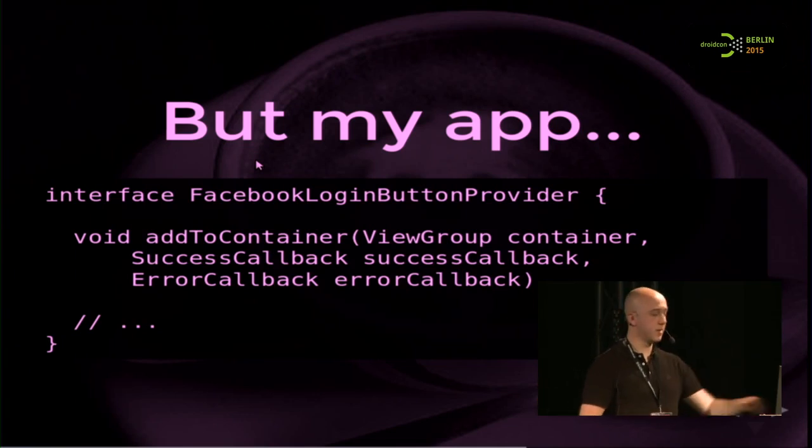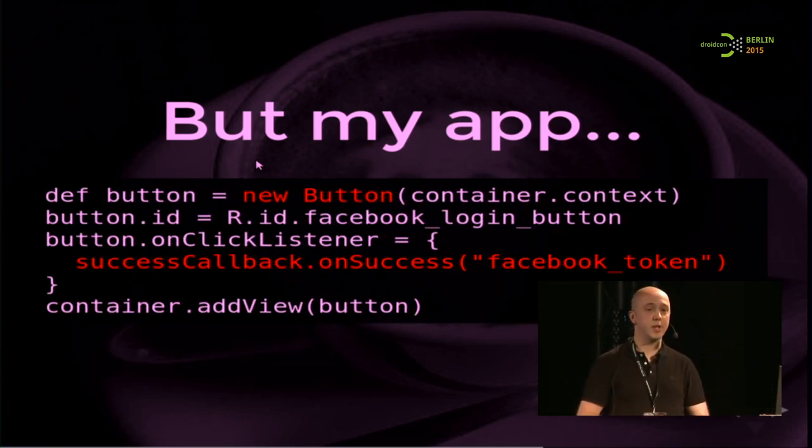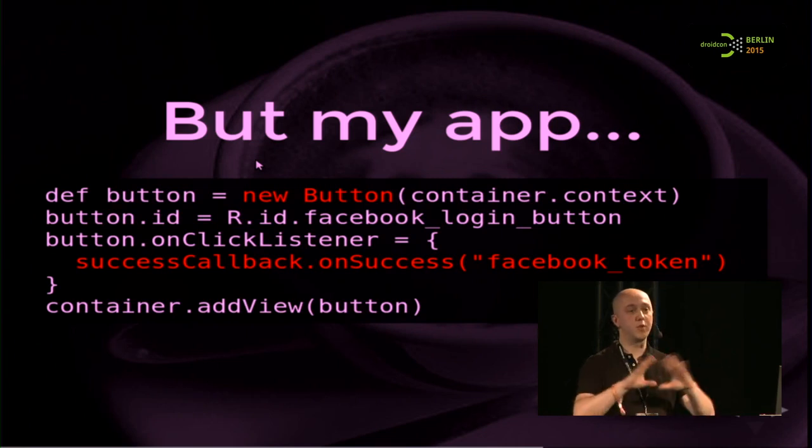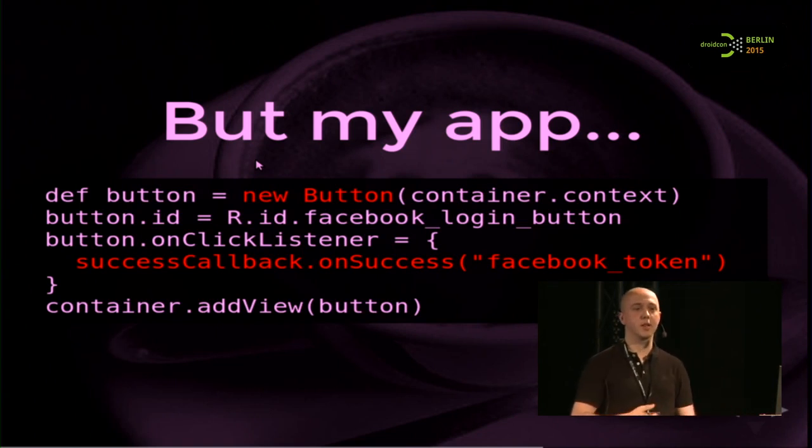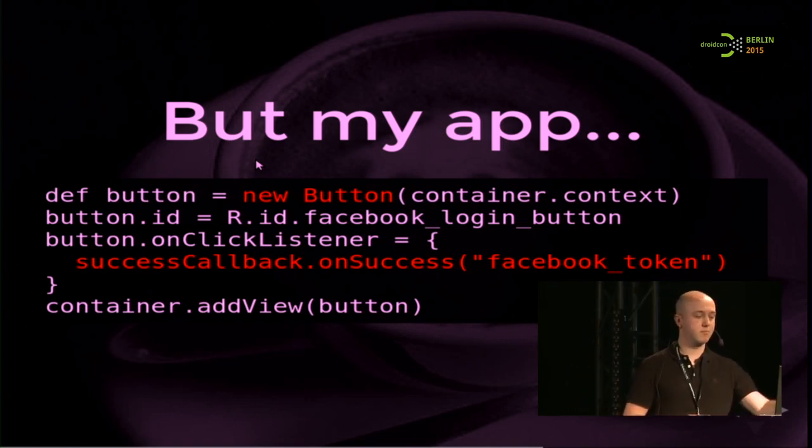In tests, well, we have another implementation that adds a normal button that on click just calls our callback instantly, so we won't have any lag, we won't have any connection to internet, to Facebook services, nothing like that. So basically it's the same case like the first one with REST client.